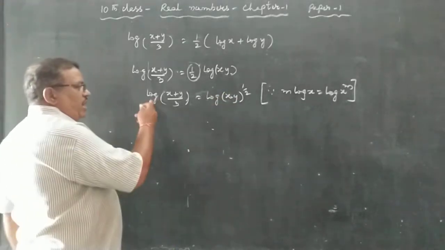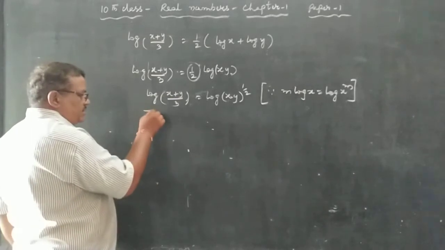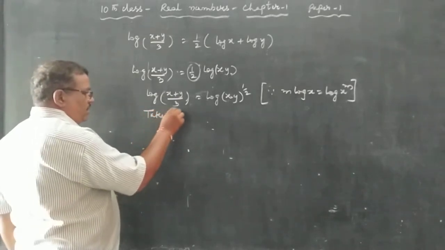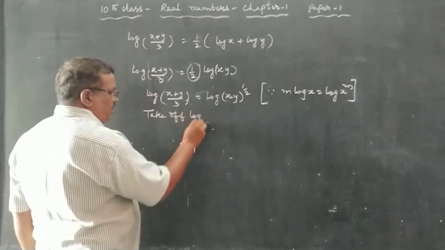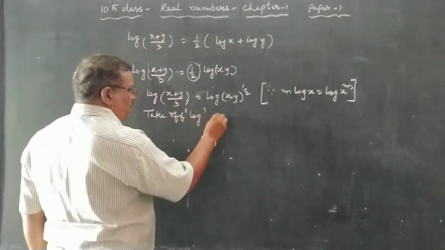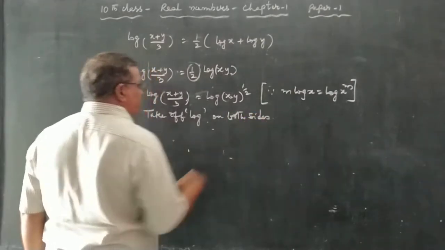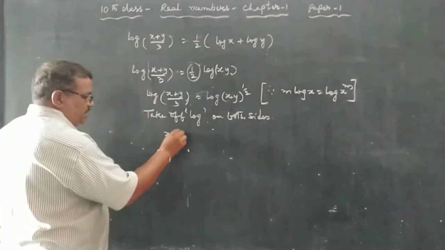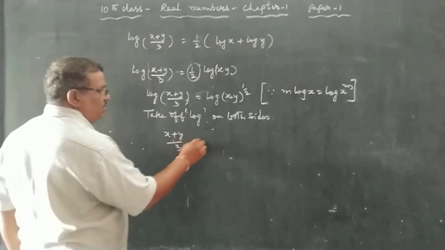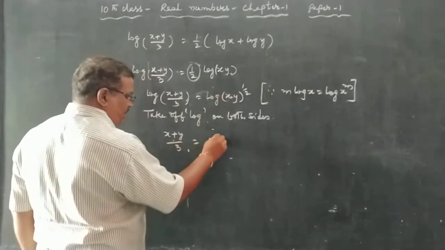After that, take off the logarithm on both sides. Then you get (x plus y) by 3 equal to xy power 1 by 2.